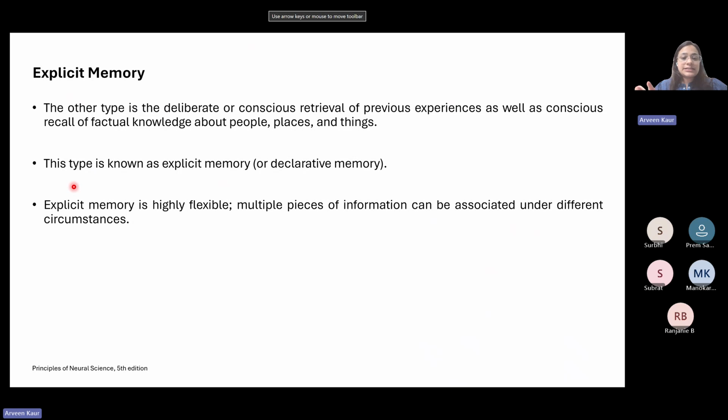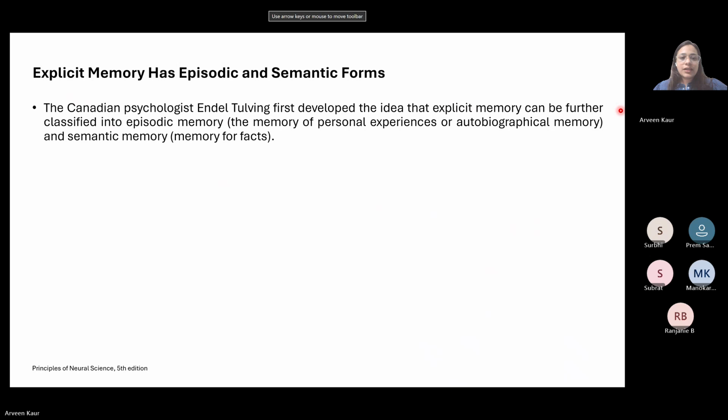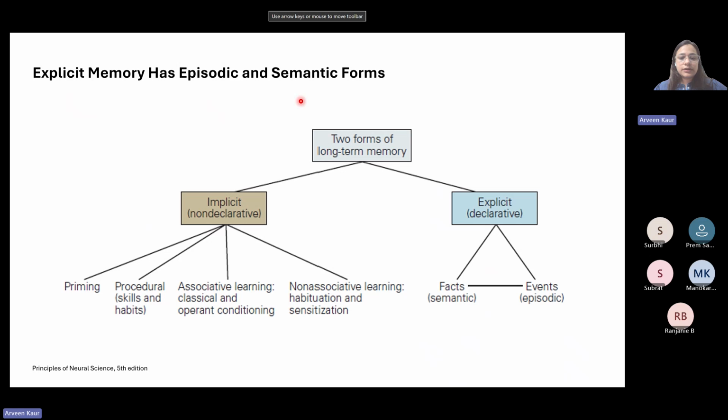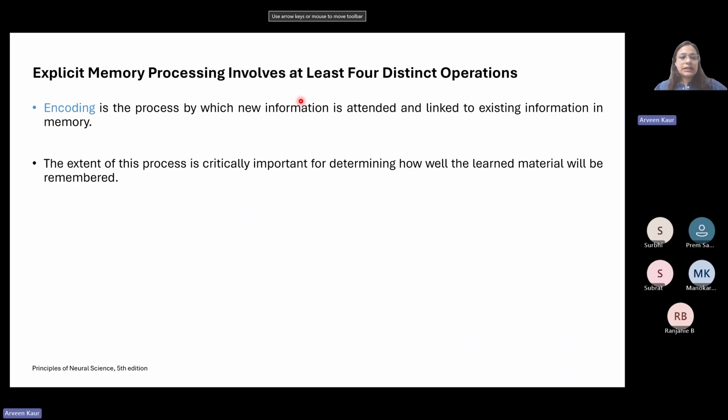So that is declarative memory or explicit memory, right? Or for instance, I am seeing somebody and I'm trying to recall who this person is. That is explicit memory. We can skip this for now, and we'll go through this again anyway.